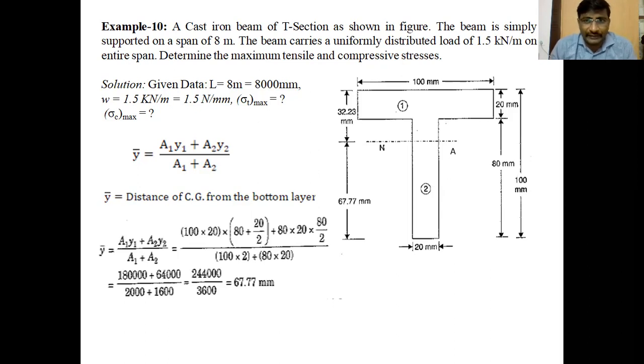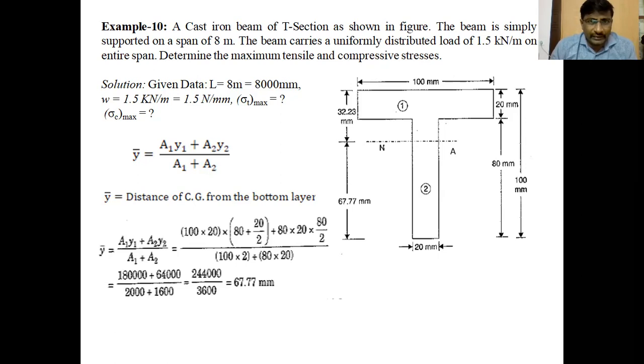So we have to find the stresses on both the topmost layer and the bottommost layer. As explained in the earlier class, the outermost layers induce the maximum stresses, either compressive or tensile.